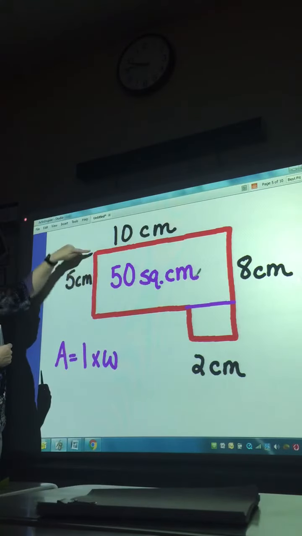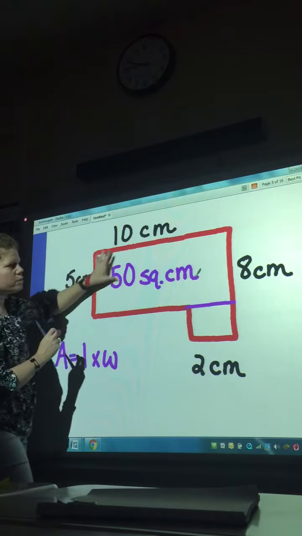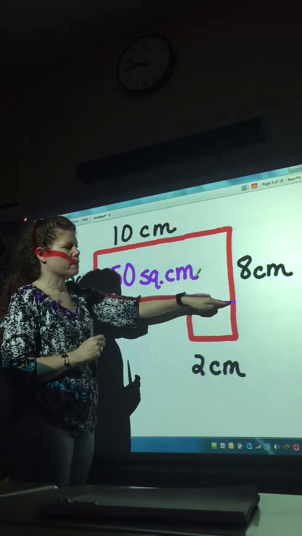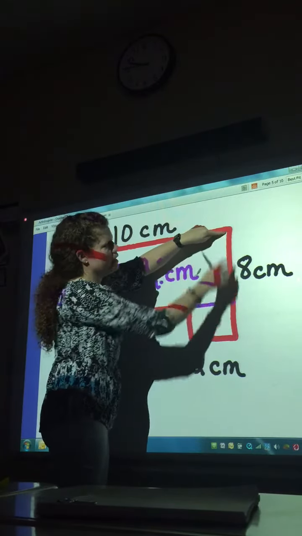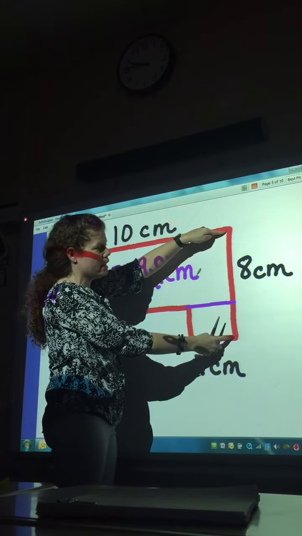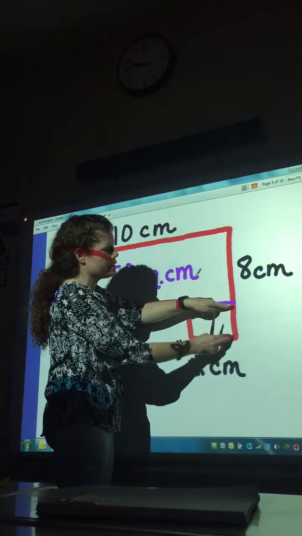We also know that from here to here is 5 centimeters, which would mean on this rectangle, from here to here would also be 5 centimeters. So if this is 5 centimeters from here to here, and then from here all the way down to here is 8 centimeters, we can use that information to determine how big this smaller side is.